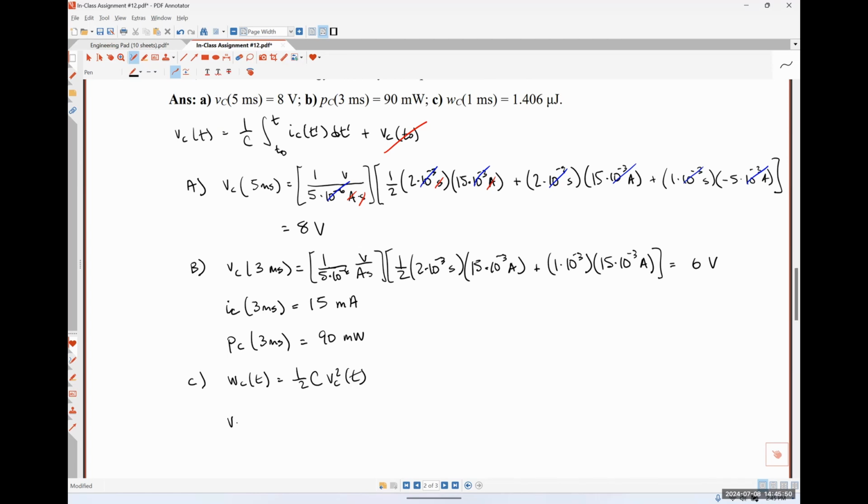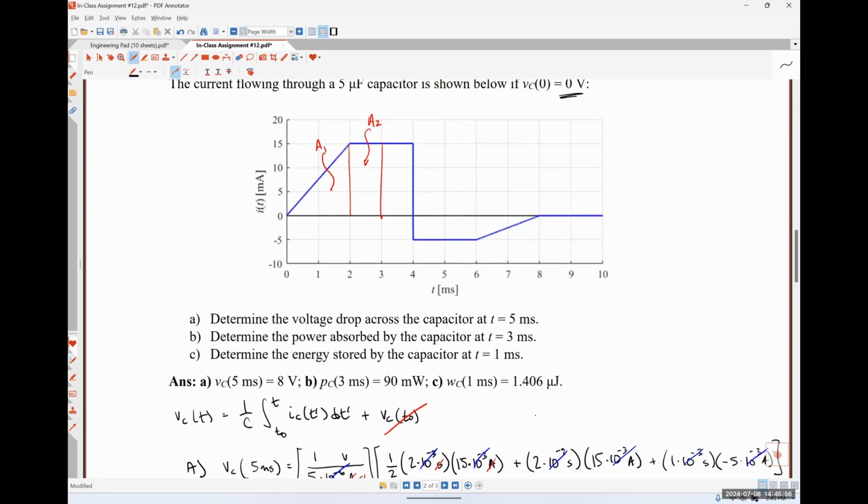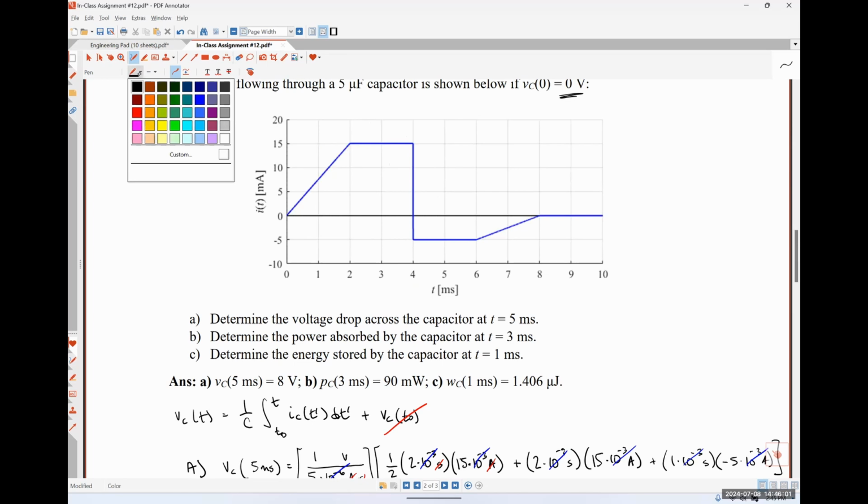So that means that we need V at 1 millisecond. So at 1 millisecond, we're looking for this area. Since it's a right triangle, it's just 1/2 base times height.